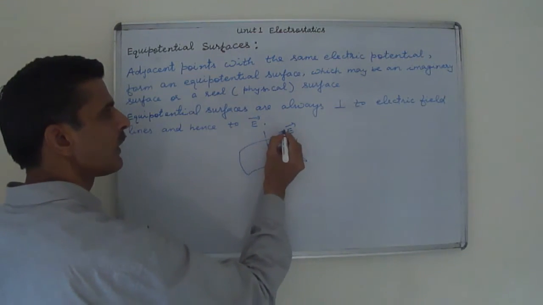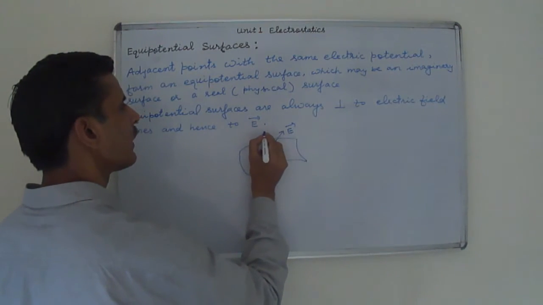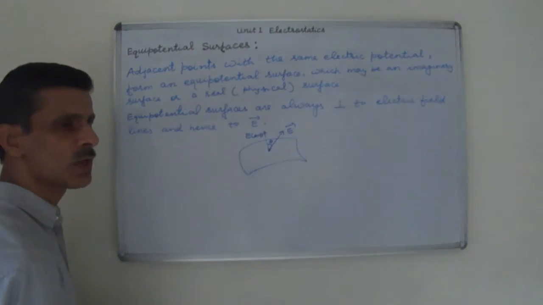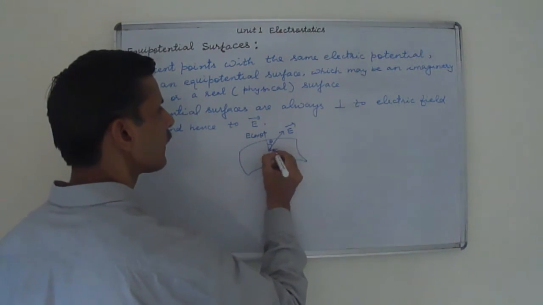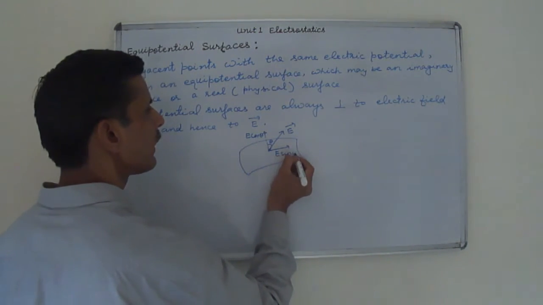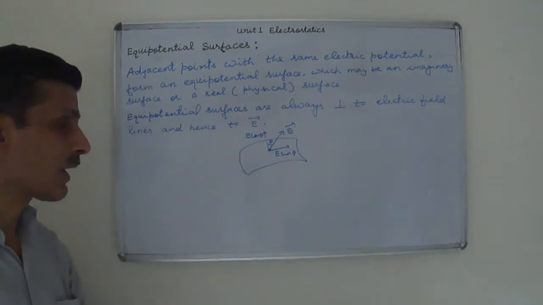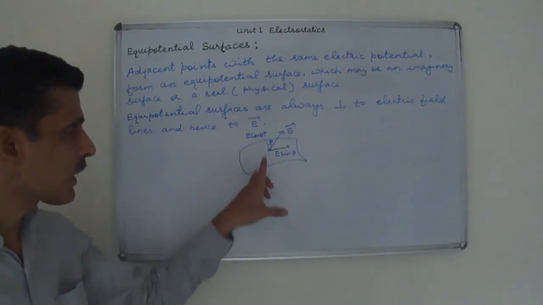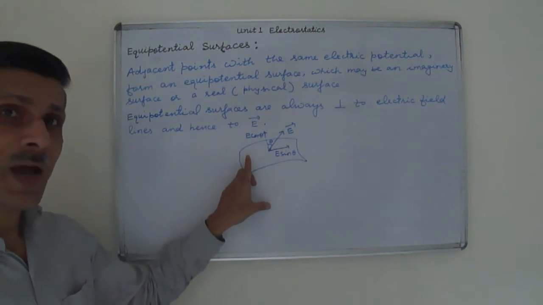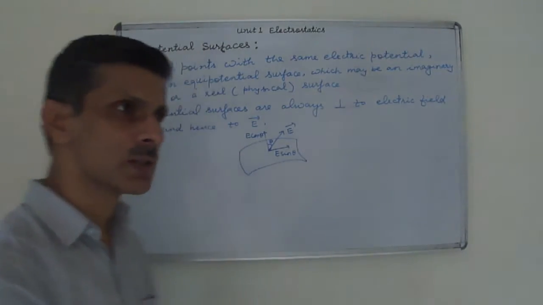So here we have two components of E vector, E cos theta perpendicular to the surface, and E sin theta tangential to the surface. Now because of this tangential component, work has to be done by the electric field in moving a charged particle from one point to the other on the equipotential surface.